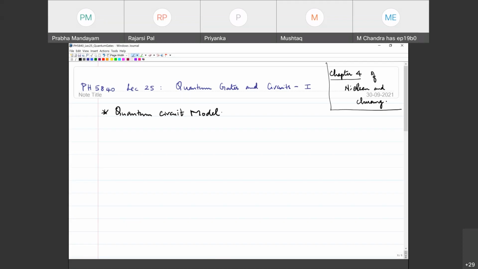So the circuit-based model is one model of computation, right? It's not the only model of computation. This is one model of computation. And in this course, this is the only model that we will focus on. In some sense, that's what's been at the back of my mind for the last month and a half of lecture. Now, what are the other models of computation?